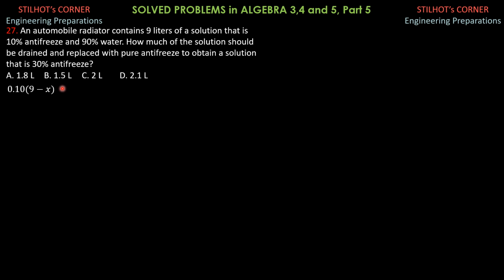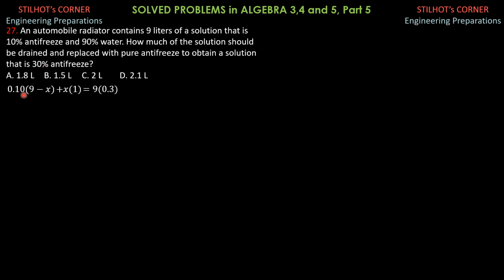antifreeze, so plus 1 times X, or X times 1, then equals the total amount of the solution will go back to 9, and its concentration is now 30% antifreeze, so equals 0.3 of 9, or 9 times 0.3.